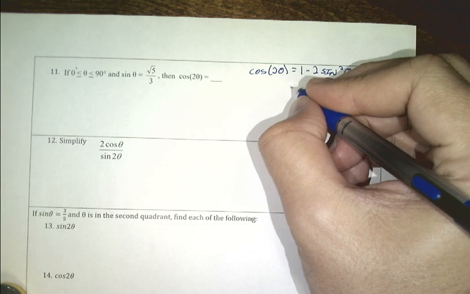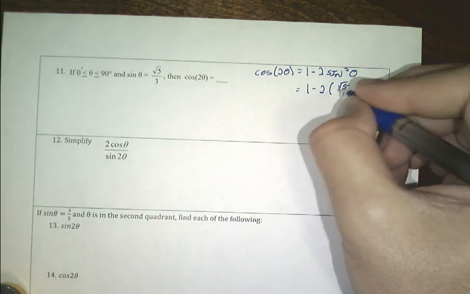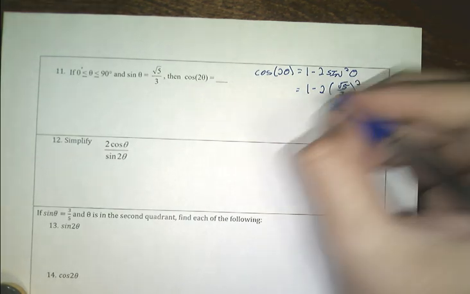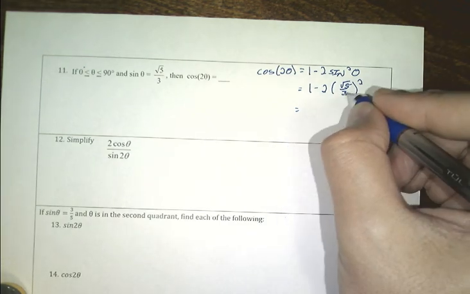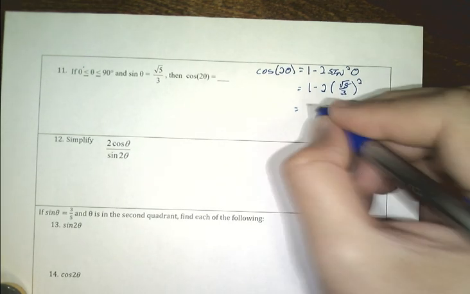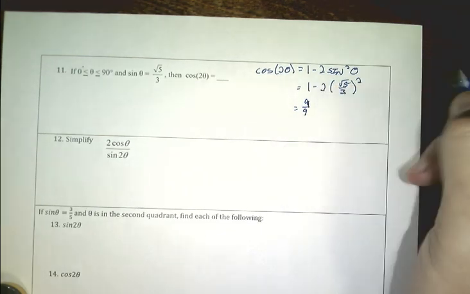This is going to be equal to 1 minus 2 times sine squared, so that's the square root of 5 over 3 squared. Squaring 3 is going to be 9, so I'm going to make my 1 a common denominator.